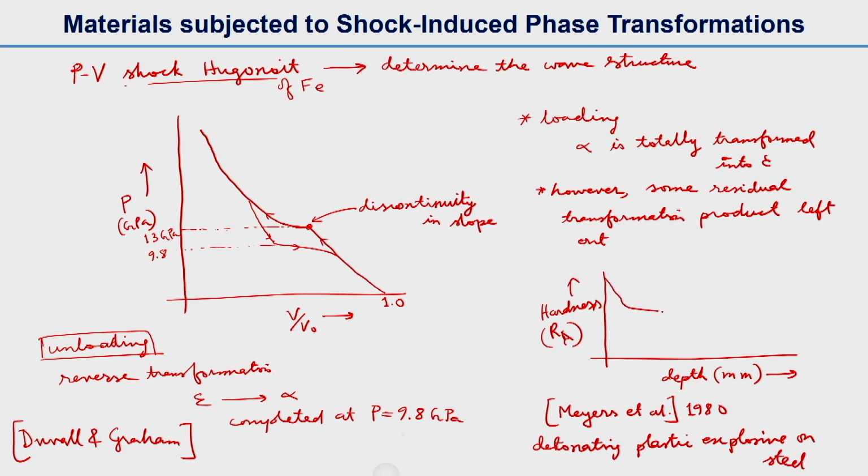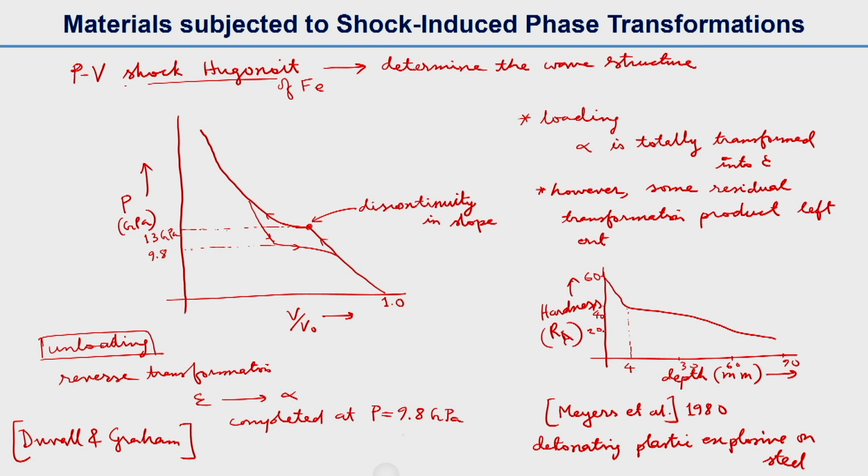The plot looks something like this. So depth is from the surface. If you see, this is around 4 millimeter, and if you go 30, 60, 90 millimeter below, this hardness number is around 60 at maximum, and then reduces, let's say 40 here, 20 here.